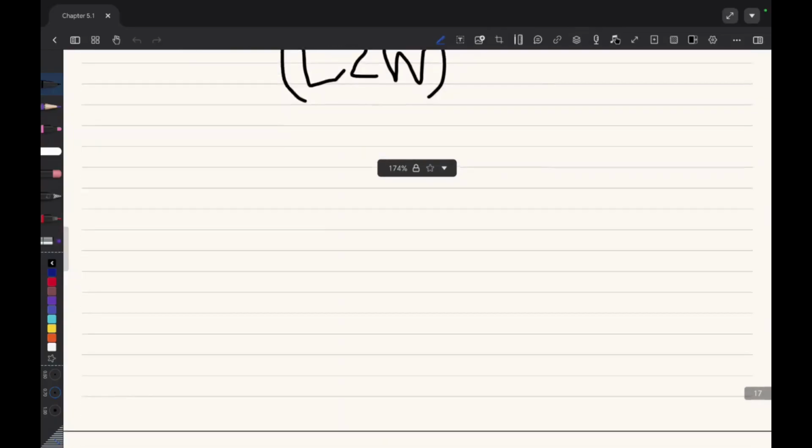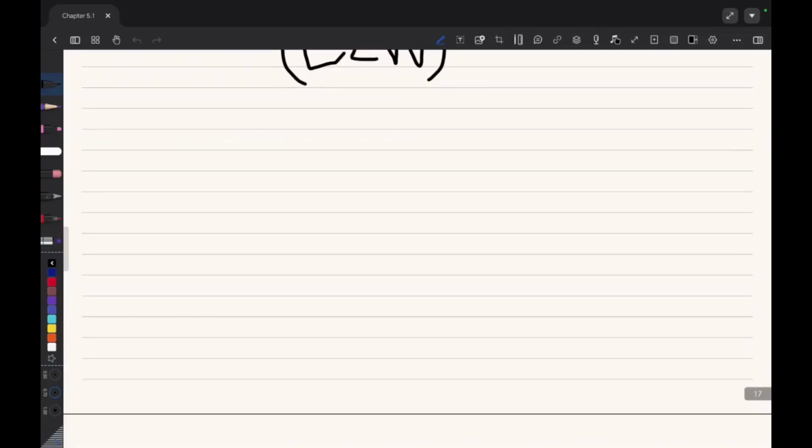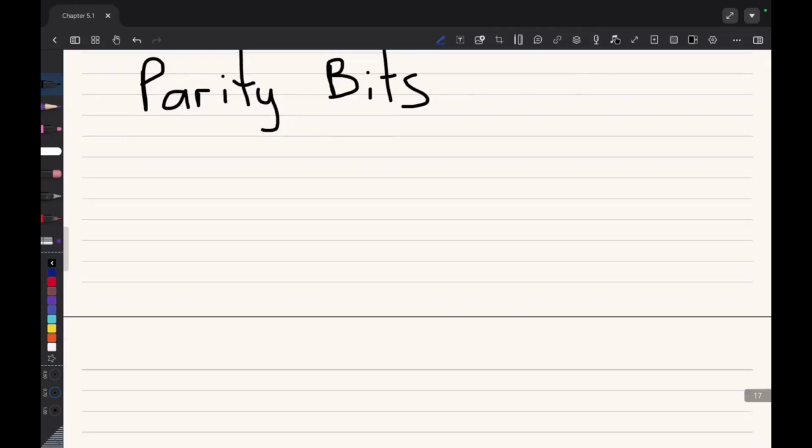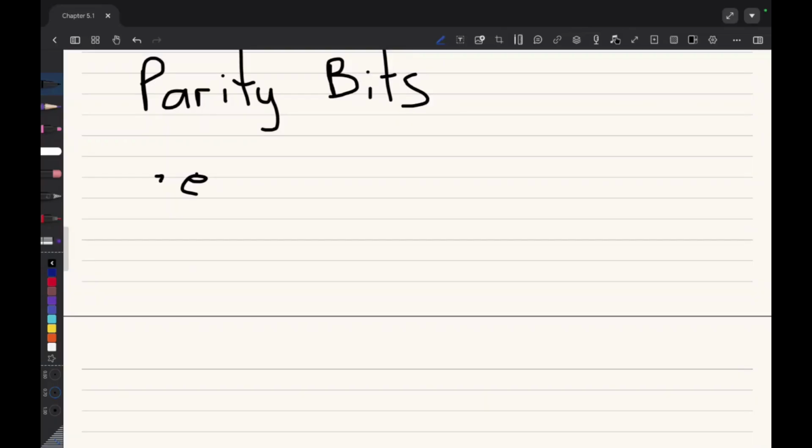Okay, so now let's move on to the last section, which is called the parity bits. In short, in your binary numbers, you need to have an odd number of ones.